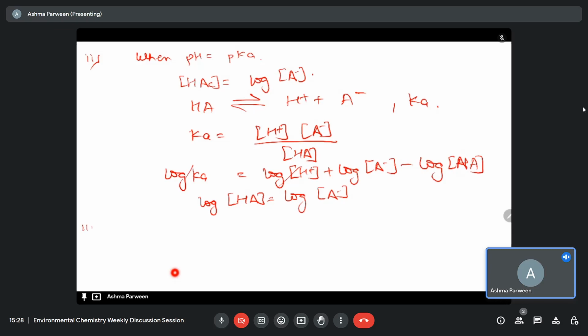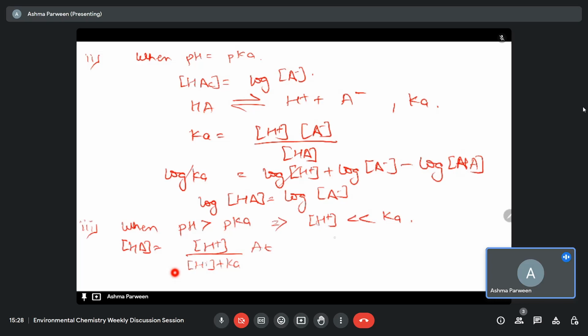And the third case, when pH is greater than pKa, it means that the concentration of H plus will be much less than Ka. So let's see, we have HA as H plus upon H plus plus Ka into At. We have pH greater than pKa, and that means H plus will be less than Ka, so we can write finally it as H plus upon Ka into At.